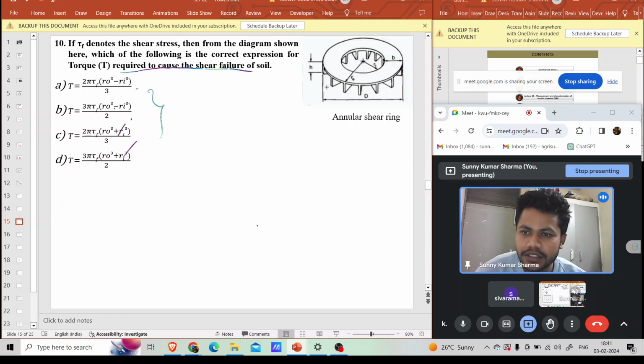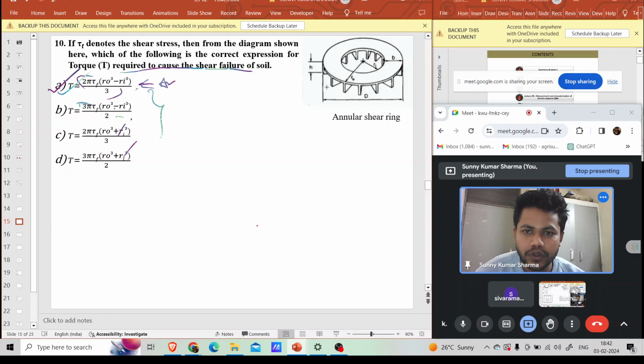The main confusing thing is 3 is in the numerator here and 2 is in the numerator here. So it will be 2 by 3 or 3 by 2. Which will be correct? 2 by 3, sir. Okay, this is the correct answer.